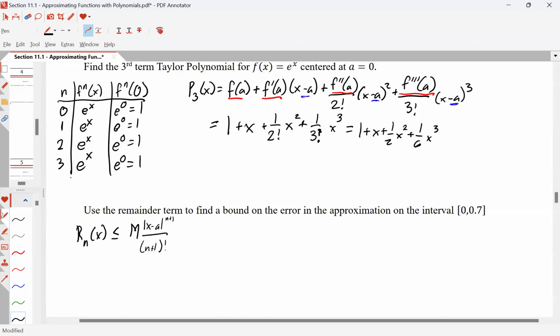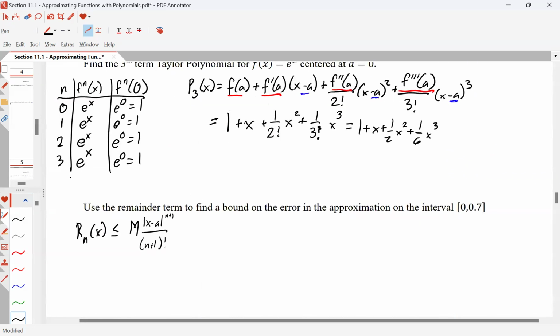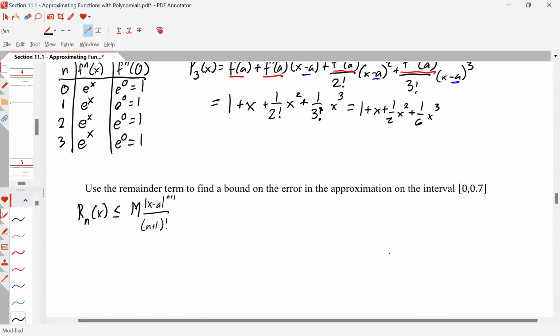We want to use the remainder term to find a bound on the error in the approximation on the interval 0 to 0.7. So we know that the remainder term is going to be less than or equal to M times the absolute value of x minus a to the n plus 1 all over n plus 1 factorial.